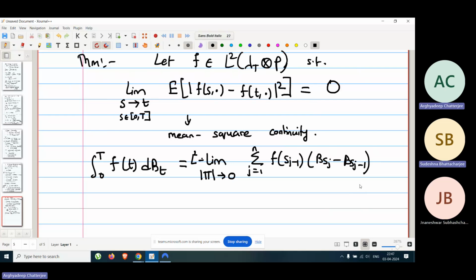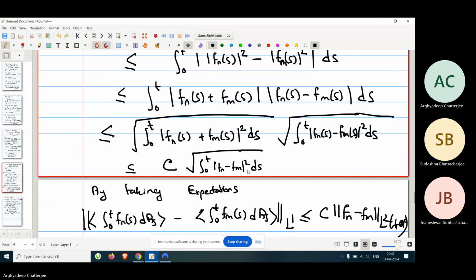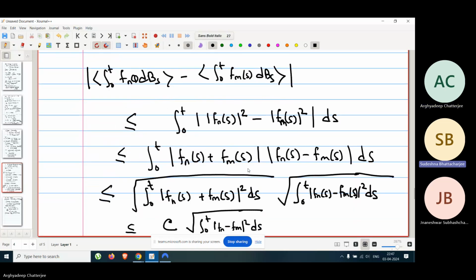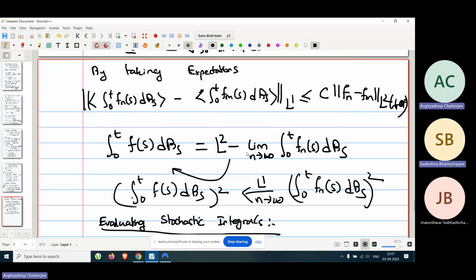Can you go a bit up? Just below. Yes, so this is the L2 limit that you said.